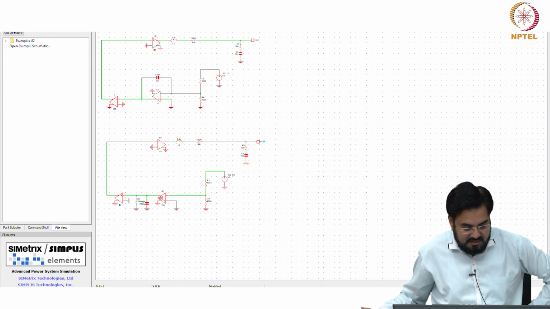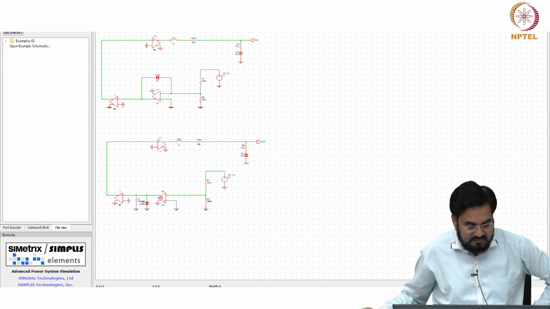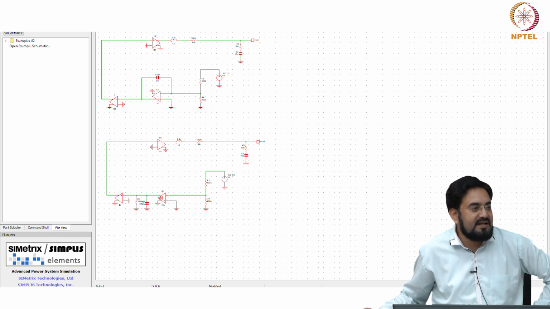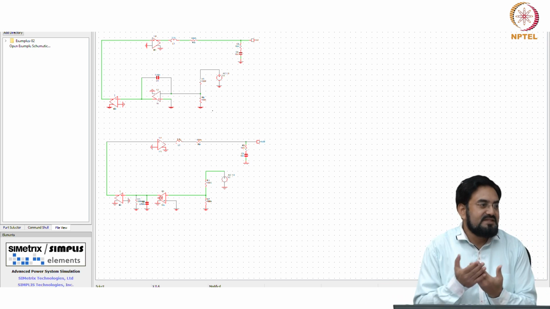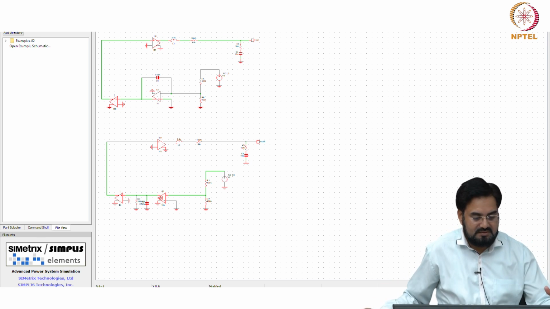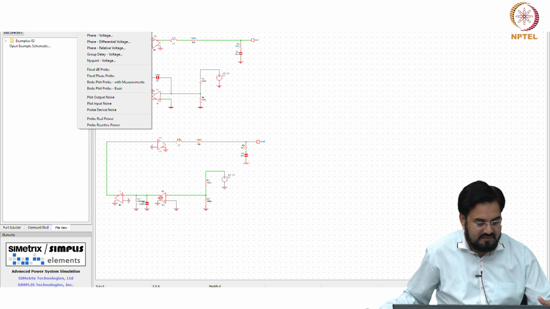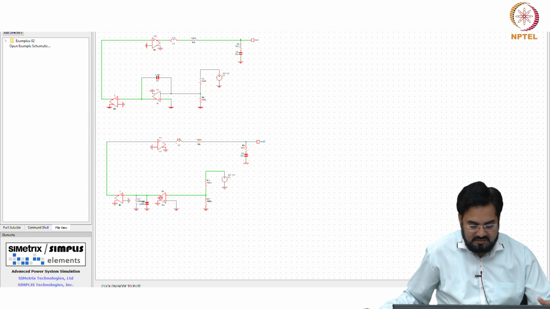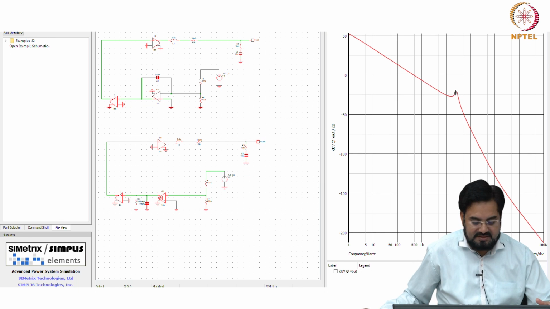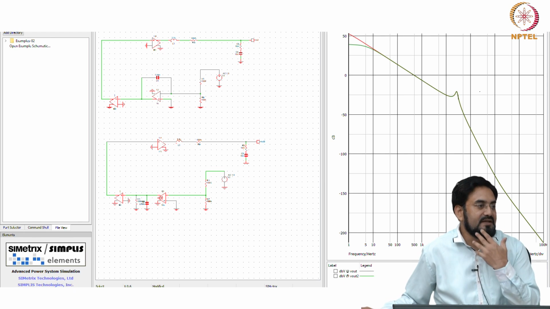Now go back. So I have an op amp RC, I have put a 2x cap here. So when I do the loop gain analysis, the frequency response should match. I have already run it. So this is your op amp RC, they are overlapping.